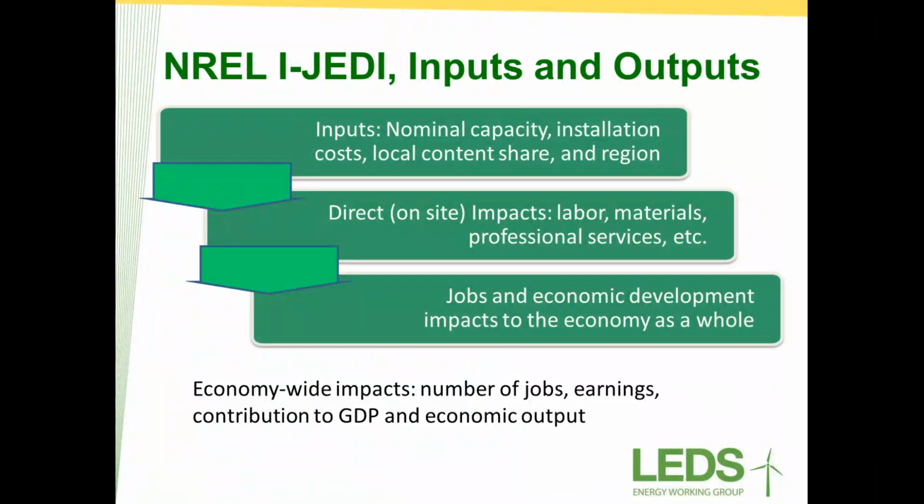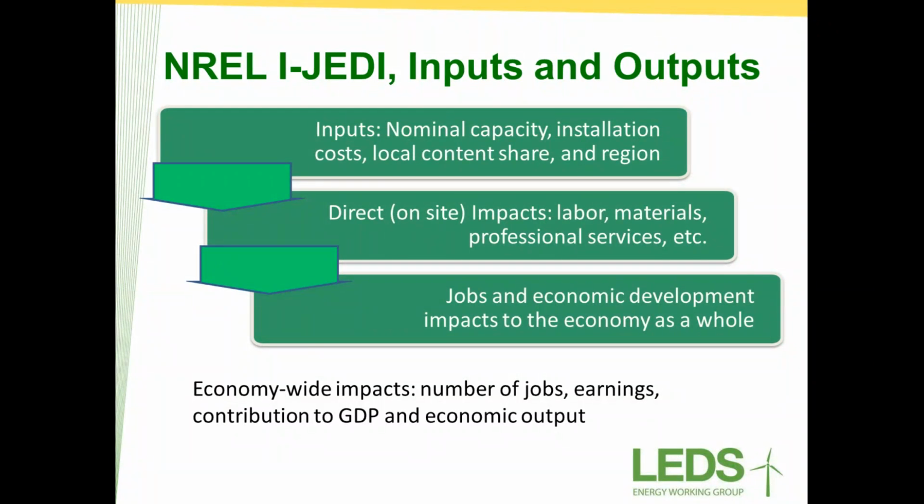So very basically, this is how the model works. The inputs that the model needs are the nominal capacity of the project or projects to be analyzed. The model allows the user to bundle projects as a single project from a certain perspective.